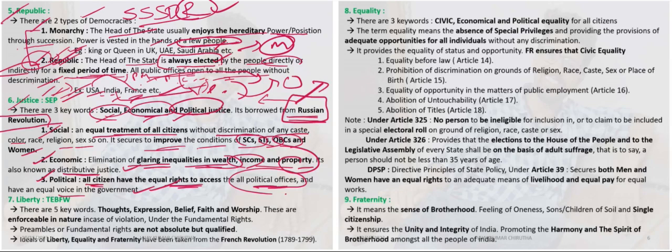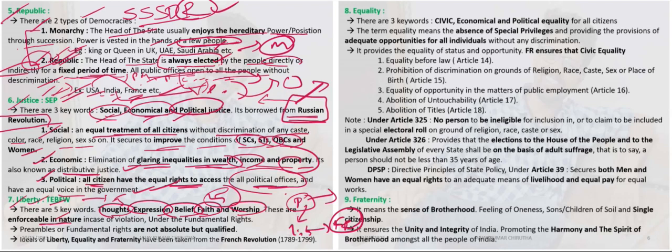The next objective is liberty. As we know, there are five objectives under liberty: liberty of thought, expression, belief, faith, and worship. In the preamble, these are not enforceable in case of violation, but when it comes to liberty, it is enforceable in nature under the fundamental rights.